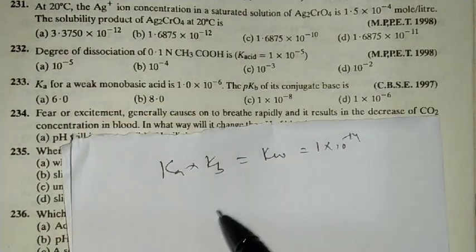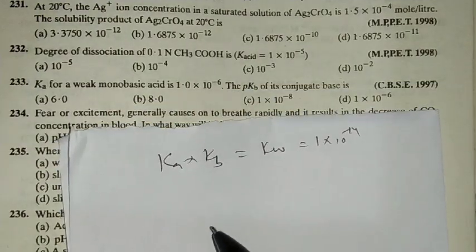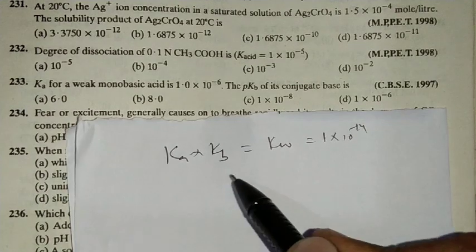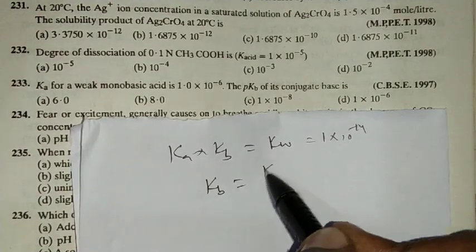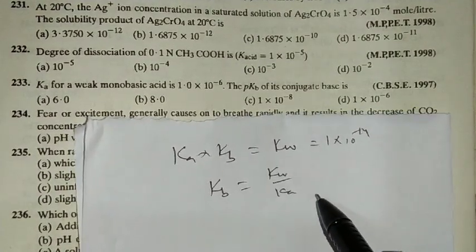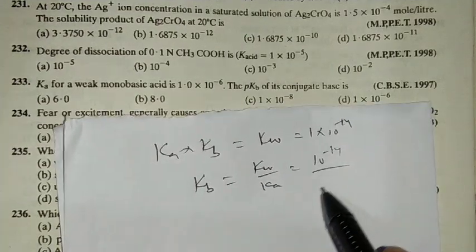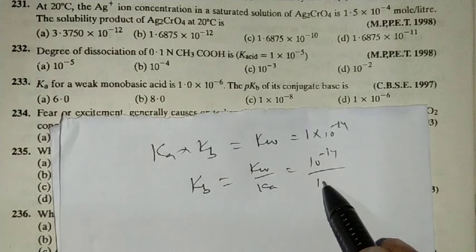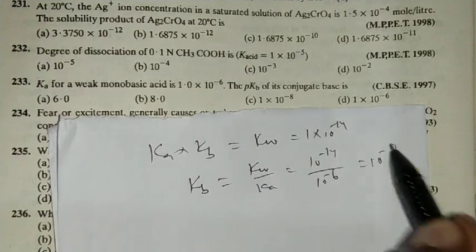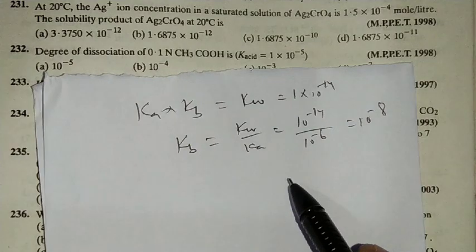So here they are asking about the pKb value. We require the Kb value. So Kb equal to Kw by Ka. Kw is 10 power minus 14 by Ka, how much is given? 1 into 10 power minus 6. That means 10 power minus 6. So you'll get 10 power minus 8. So Kb equal to 10 power minus 8.